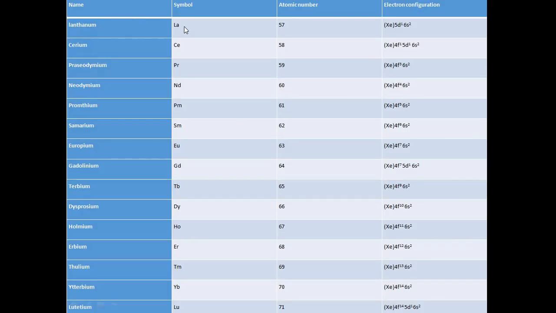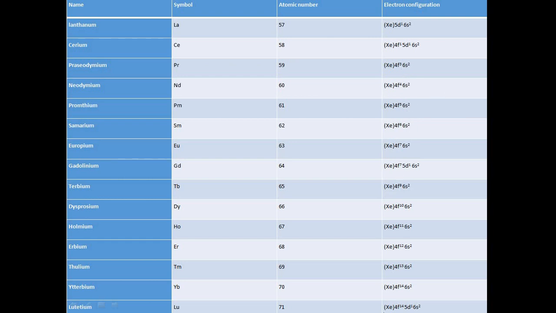This is the table which represents the elements of lanthanoids from 57 to 71, their general electronic configuration, and their configuration with respect to their atomic numbers. You can see it clearly. Electrons enter the f orbital from 1 to 14.